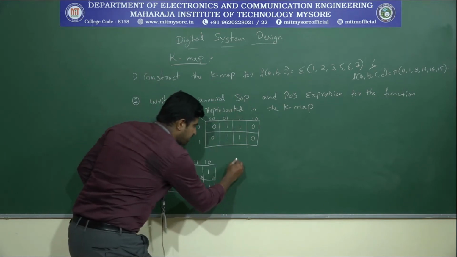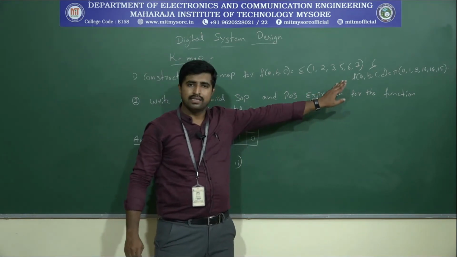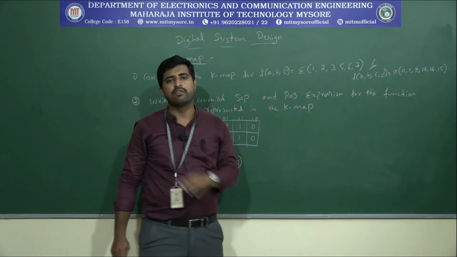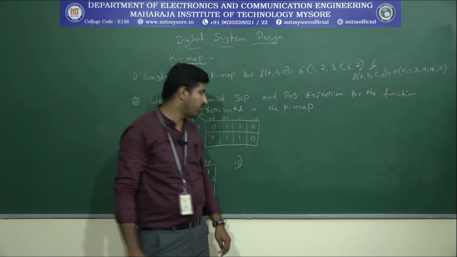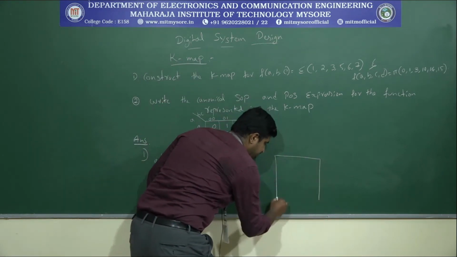If you consider the second one, let's construct the K map for this equation. Here we are given A, B, C, D, which indicates we have 4 variables. So 4 variables means we are going to get 16 cells.